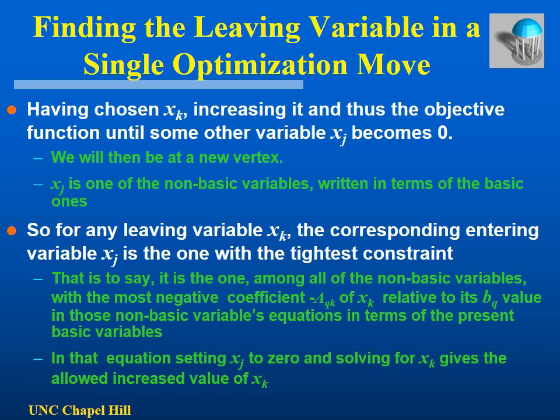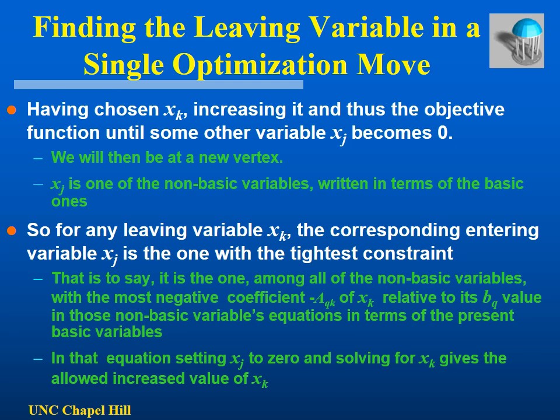And so as xk increases, the other variable is going to decrease by a sub qk xk to the point where that value is equal to the bq.